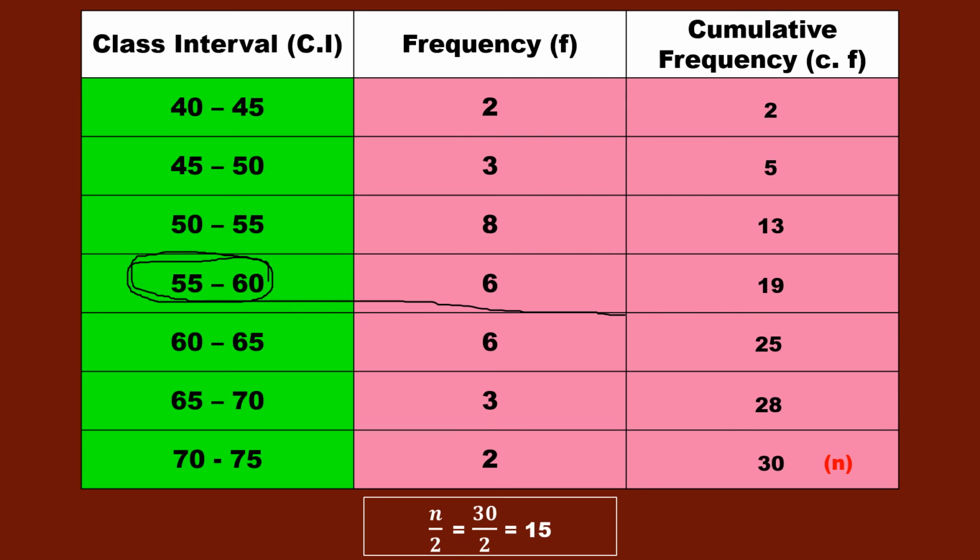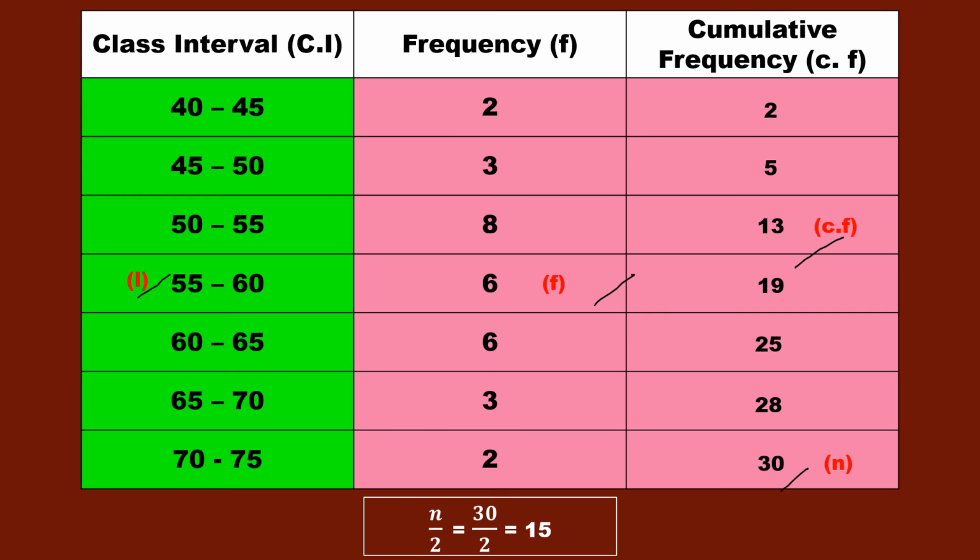Wherever this 19 is, that is the median class. So 55 is my lower limit, this is my frequency, and the previous CF value is my CF. Don't make the mistake of taking this 19 as your CF. Always take the value before it. Clear? So now I have written N, F, L and CF.